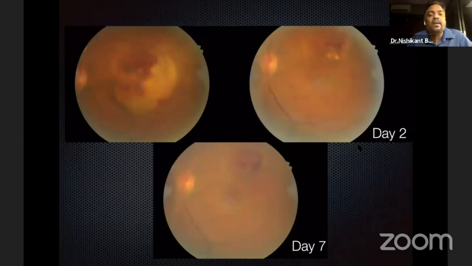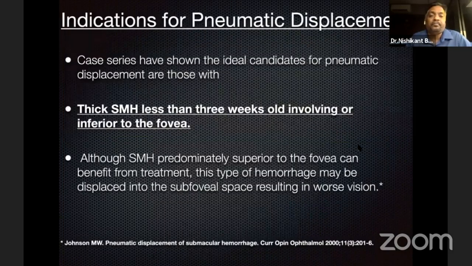Now, this is a fairly large submacular hemorrhage, and here just giving a gas wouldn't have worked. So I've given TPA and gas and given the prone position. And now you can see even this type of a thick hemorrhage could be displaced by a gas injection. Thick hemorrhage can be displaced just by a gas injection given along with a TPA.